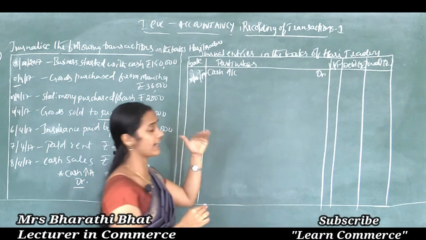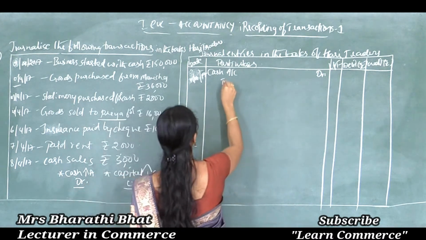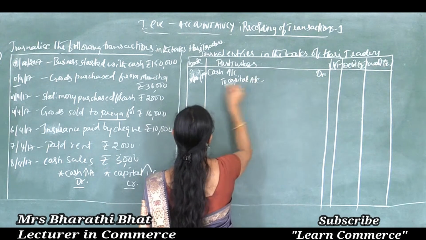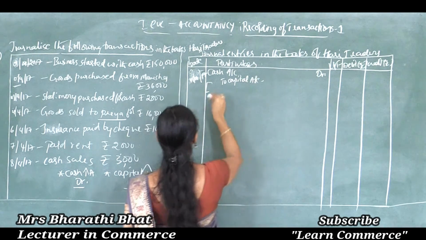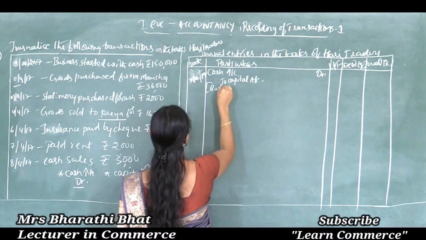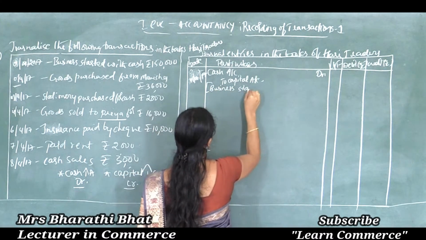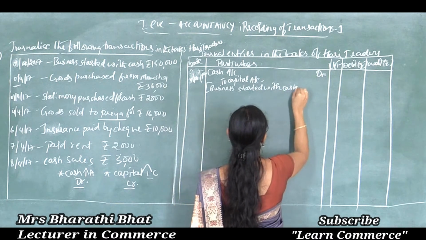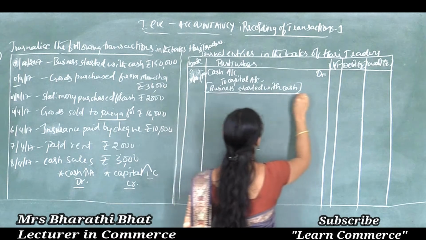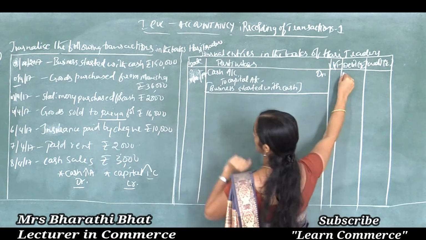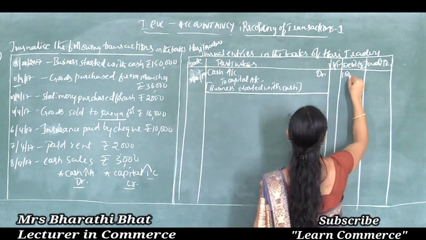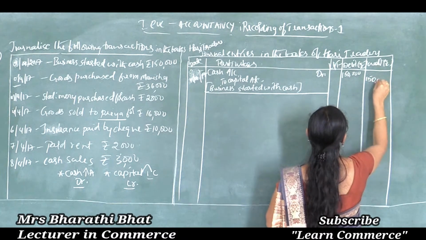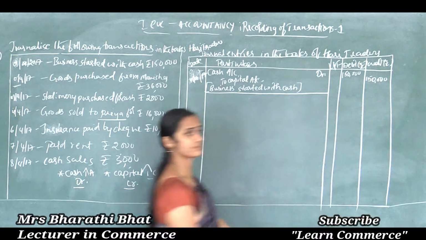We should write it at the end of the column. To capital account. Narration: business started with the cash. End of the entry. So the next step is recording the entry amount, 1,50,000 and 1,50,000.